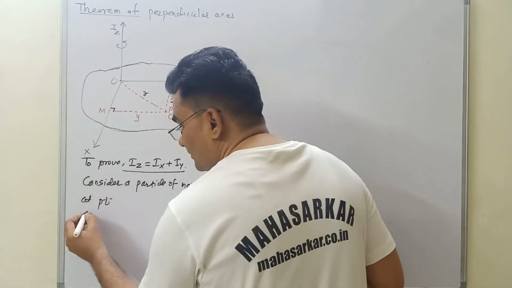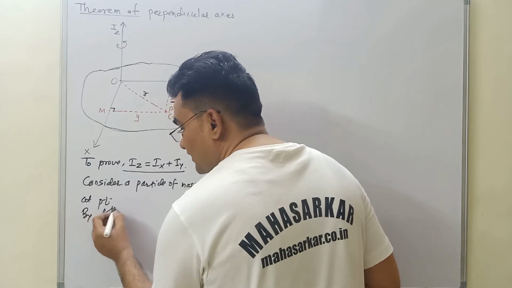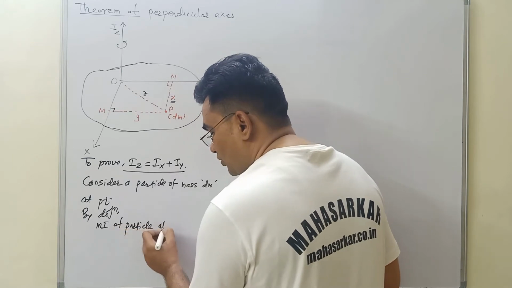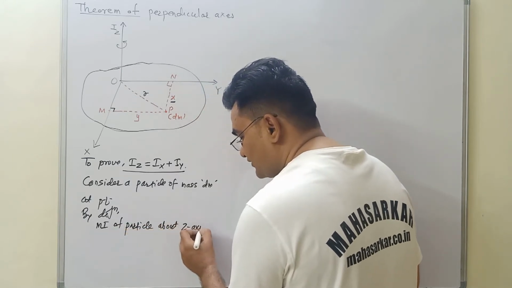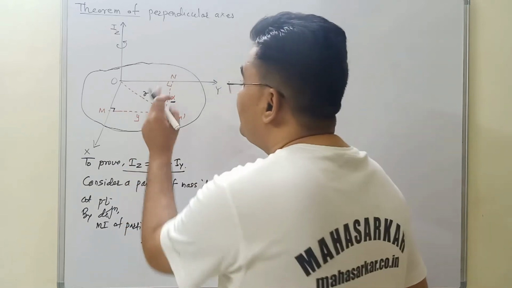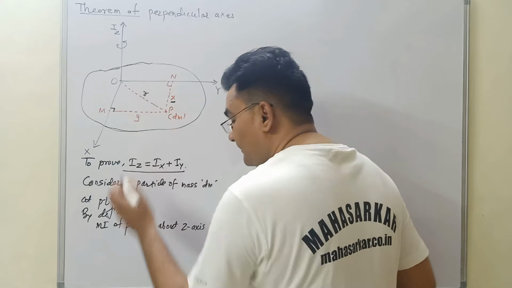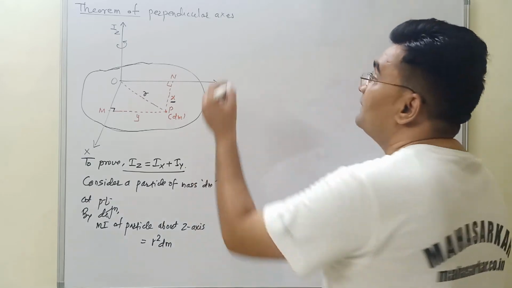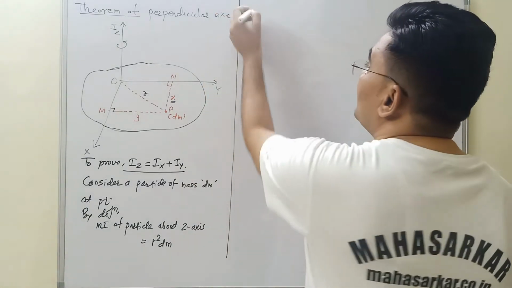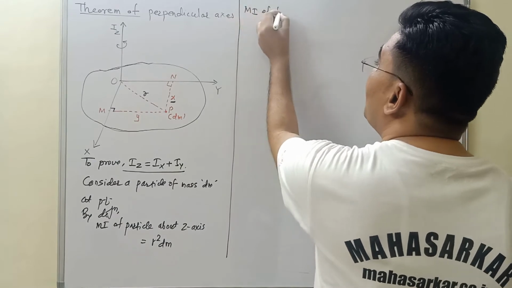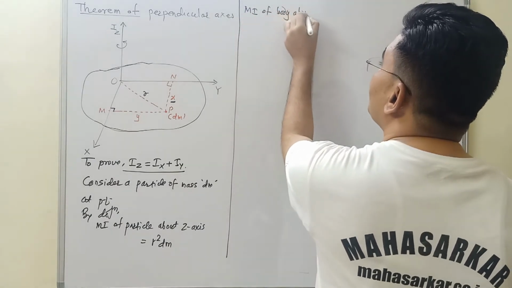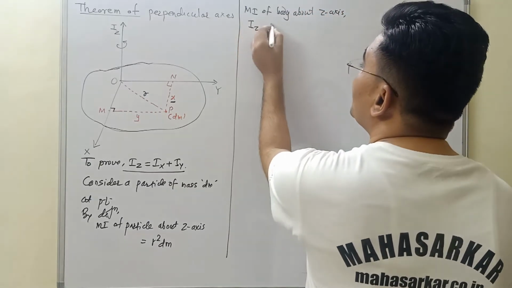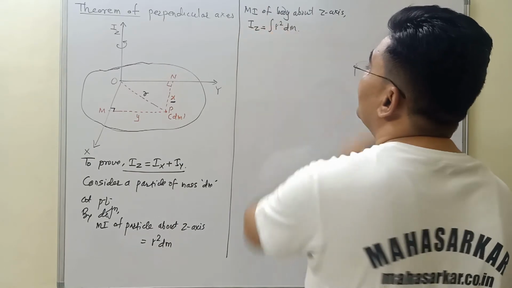Now by definition, the moment of inertia of the particle about the z-axis is given by r square into dm, since the particle has distance r and mass dm. For the body about the z-axis, Iz equals the integral of r square dm.